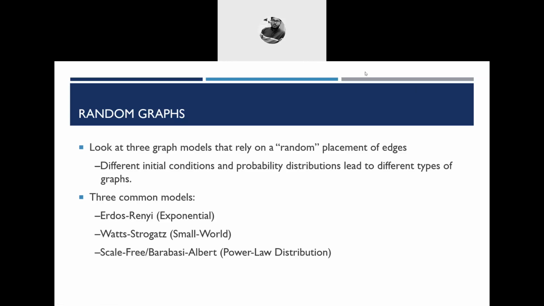Now, how the edges are linked can be done like this. Let us assume this is a node, and there is another node here, and this is connected in some way.